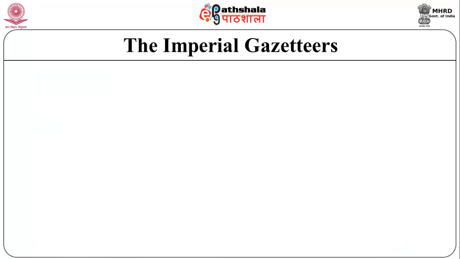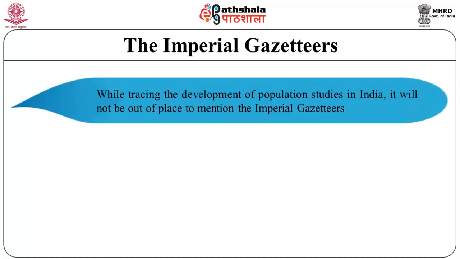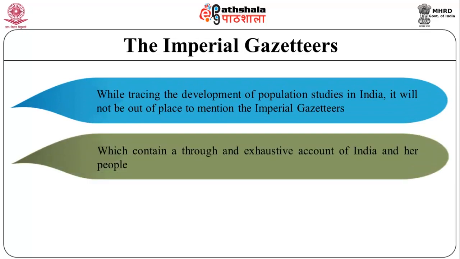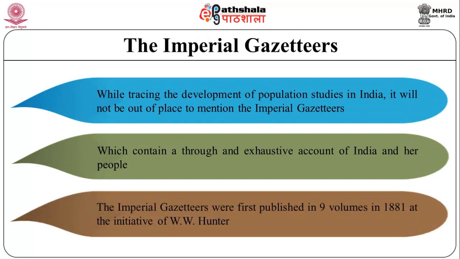The Imperial Gazetteers. While tracing the development of population studies in India, it will not be out of place to mention the Imperial Gazetteer, which contains a thorough and exhaustive account of India and her people. The Imperial Gazetteers were first published in 9 volumes in the year 1881 at the initiative of W. Hunter.